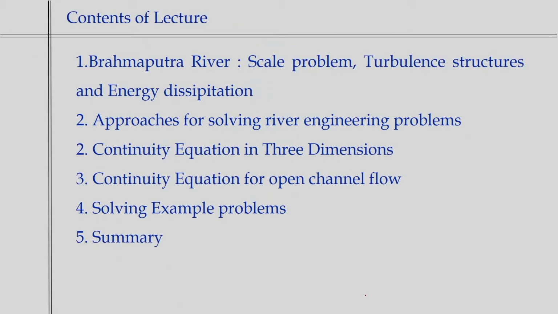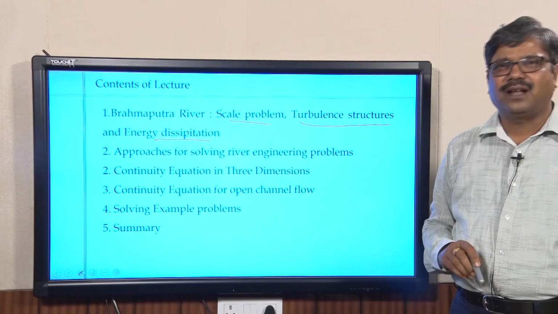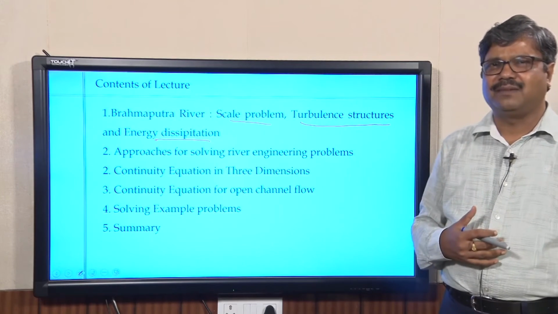Now let us come back to today's contents. Let us start with the Brahmaputra river concepts, where I will talk about the scale problems. I will talk about the turbulent structures and energy dissipation, which are very complex processes, and I will give them at an introductory level.